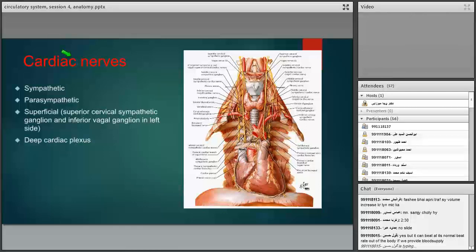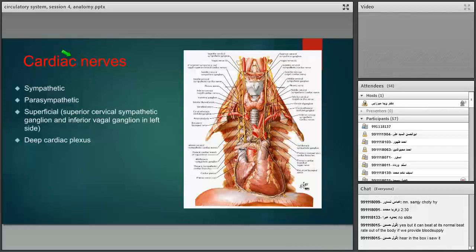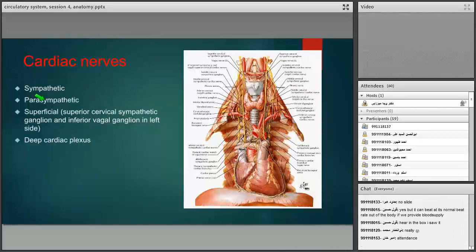The cardiac nerves are formed by the sympathetic and parasympathetic. What are the sympathetic and parasympathetic? These two are two parts of the autonomic nervous system. Autonomic nervous system: sympathetic and parasympathetic.